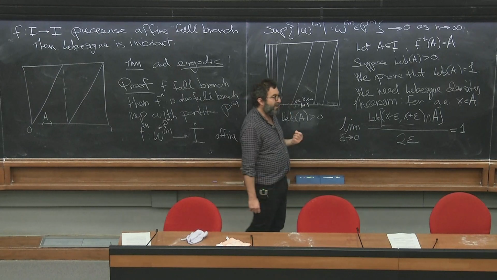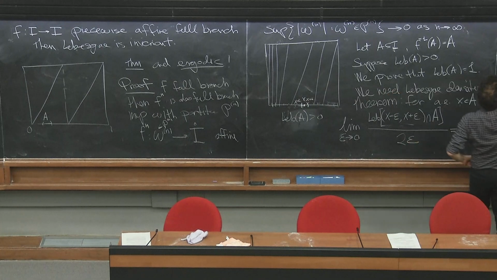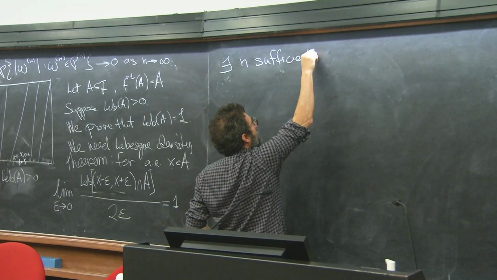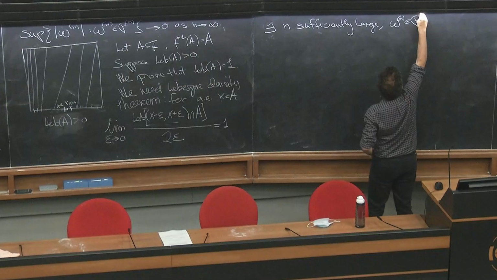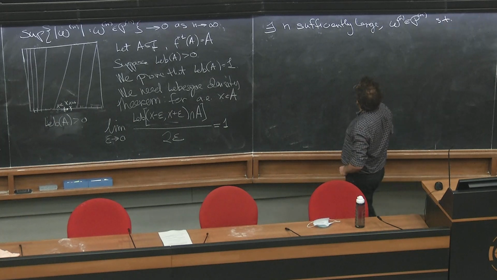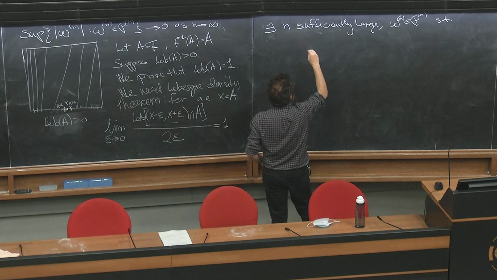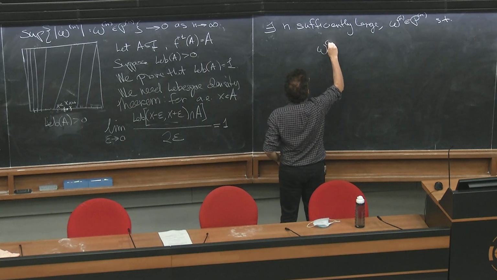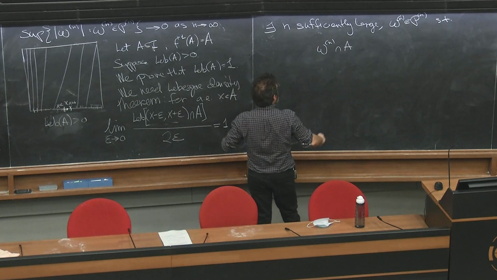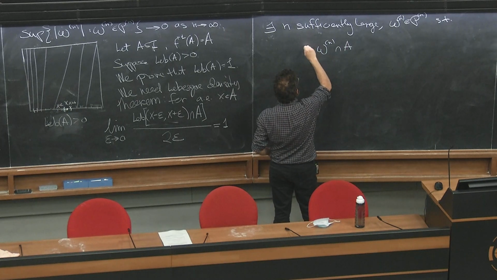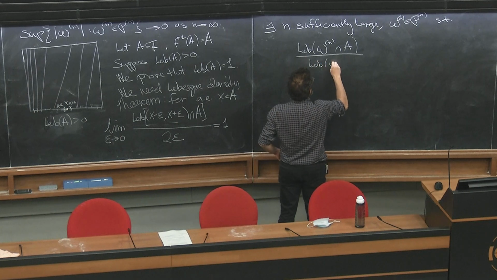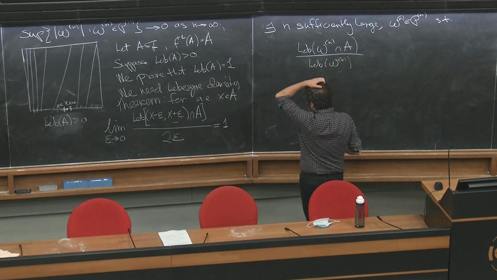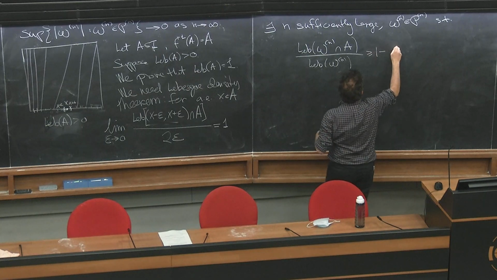So clearly, we can find some n sufficiently large, and some omega n in Pn, such that if you look at omega n intersection A, and you take the Lebesgue measure of omega n intersection A over the Lebesgue measure of omega n, then this is greater than or equal to 1 minus epsilon.